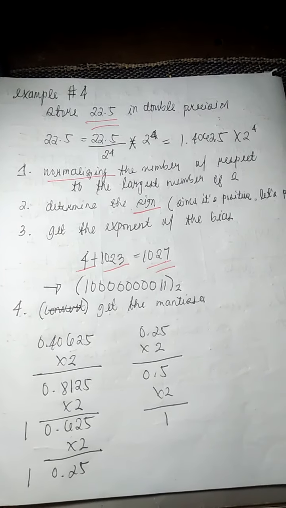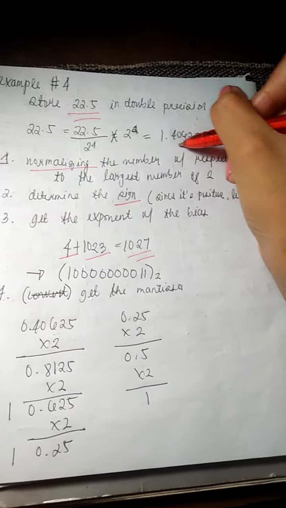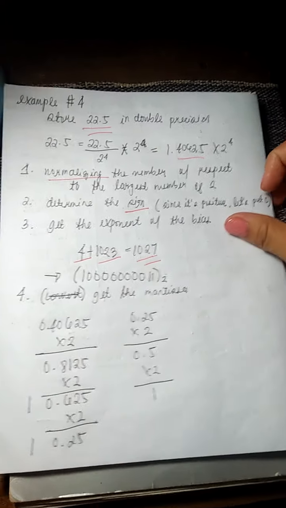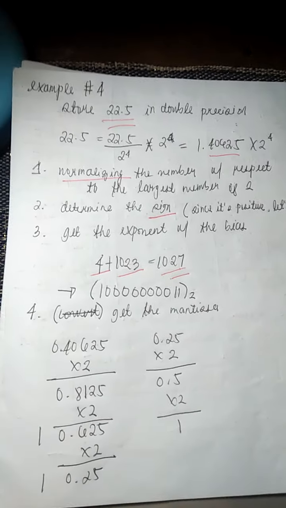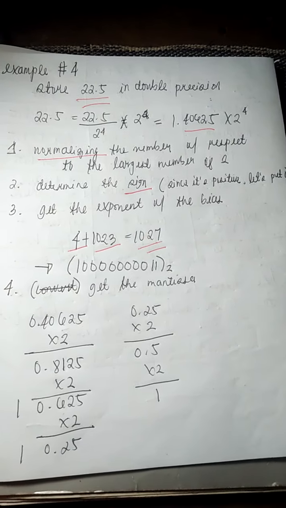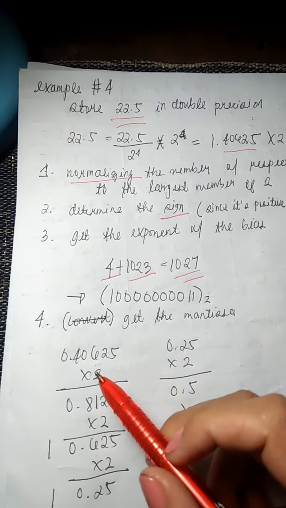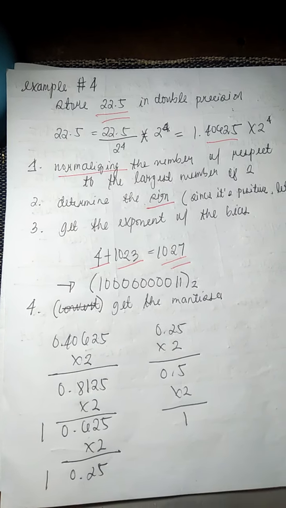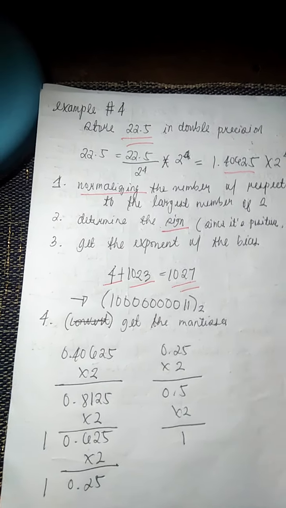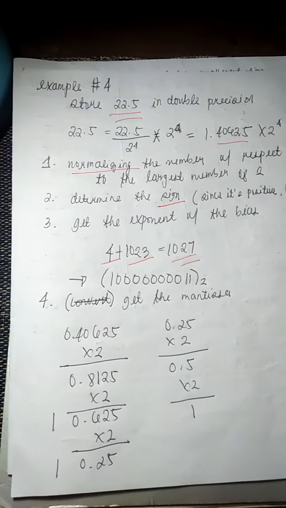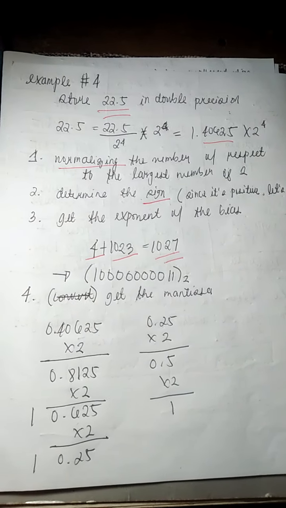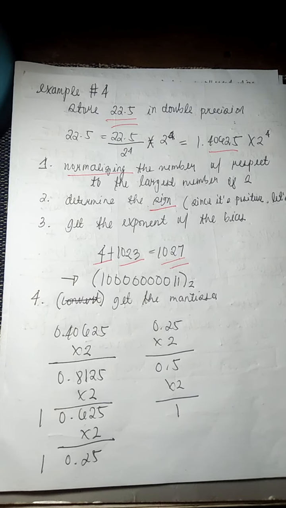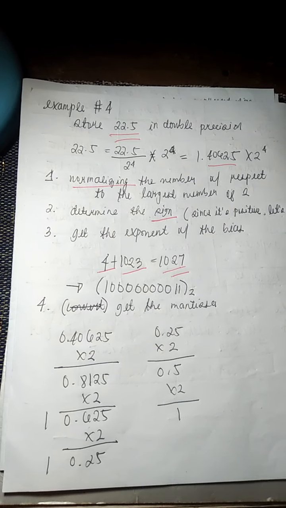Then lastly, get the mantissa. It is the same as in the binary floating point earlier: 0.40625 times 2 until you get it.